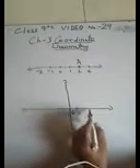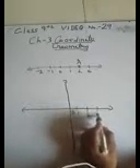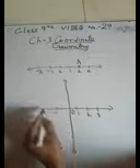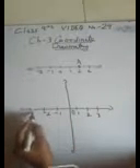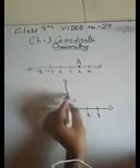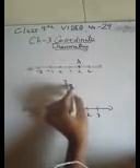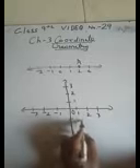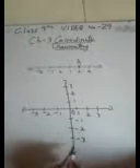This is 1, this is 2, this is 3, this is -1, -2 and -3. The upper side is taken as 1, 2, 3, and below -1, -2, -3.